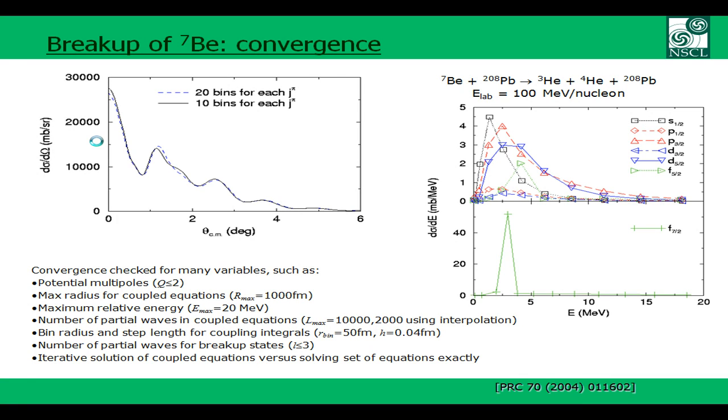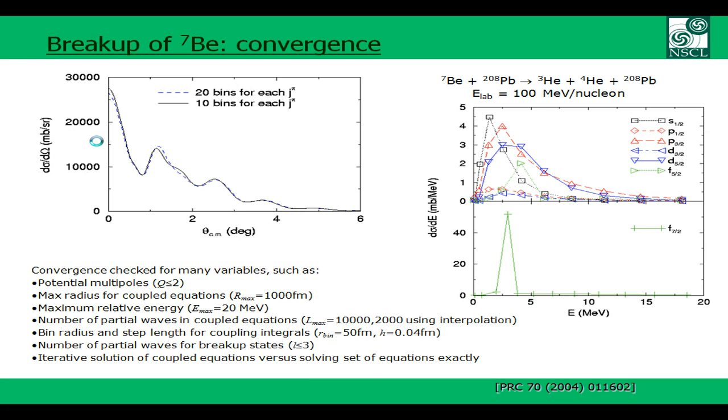Now, in a CDCC calculation, the effort is much larger. There are so many things that can produce a non-converged cross-section that it's usually the case that you spend a lot more time guaranteeing convergence than actually understanding the final results. But that's okay. You really want to make sure your results are converged, okay?